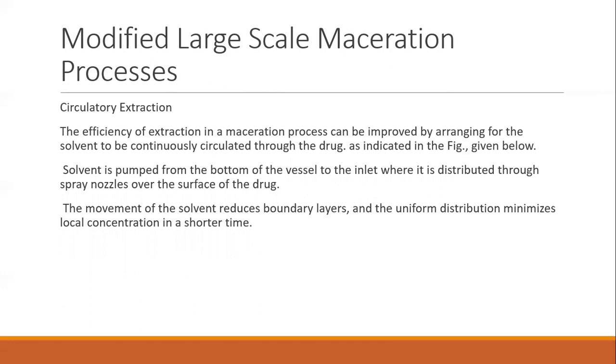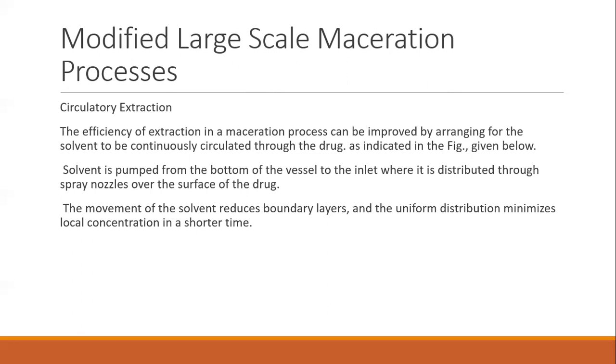But for large scale, you want it continuously circulated through your drug, because sometimes you get your component in the first extraction, but not necessarily. Some of your very expensive and desirable component may still be in the plant material, so you need continual circulation of the solvent to get the desired component at its maximum level.